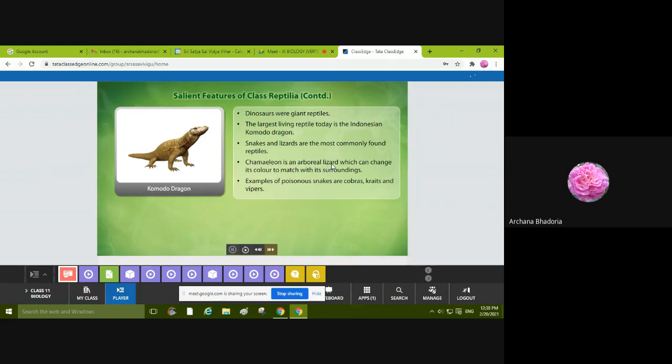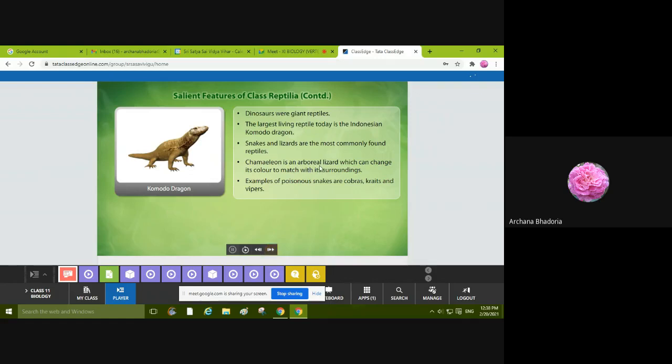What is the meaning of arboreal, children? Where do you find the chameleons? On the trees. Right, on the trees. So arboreal means living on trees.